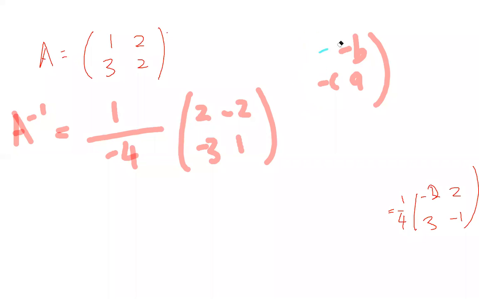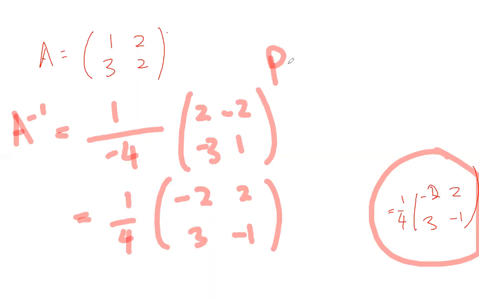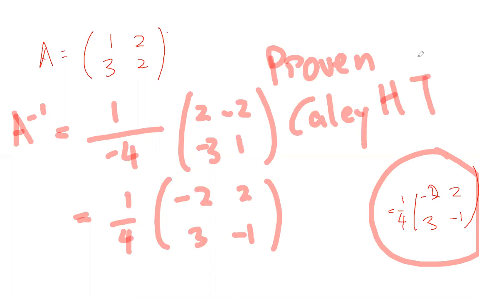Then I times the negative sign inside. Become negative 2, 2, 3, negative 1. So it's exactly the same as this one. So it is proven that the Cayley-Hamilton Theorem is another way to find the inverse of a matrix. Okay.